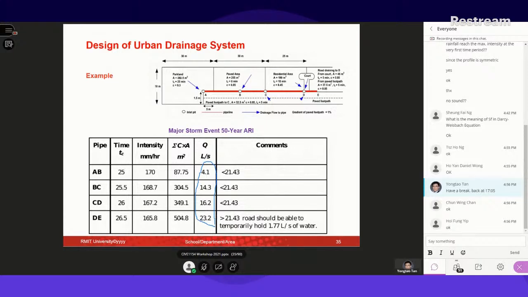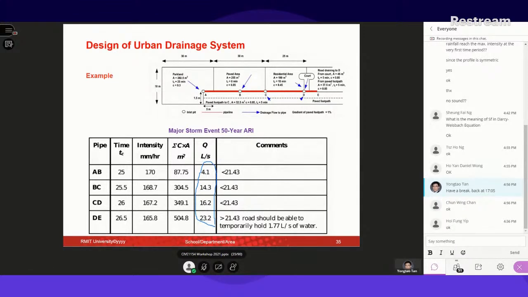If we want to use the 150 millimeter diameter pipe, but of course, you can change the pipe size.